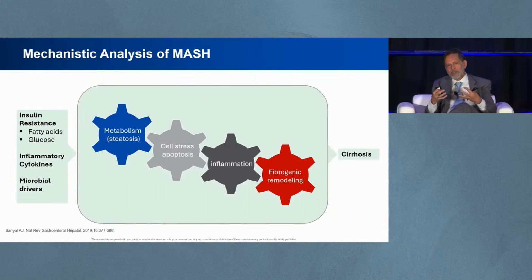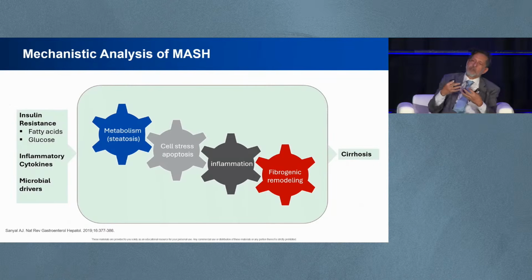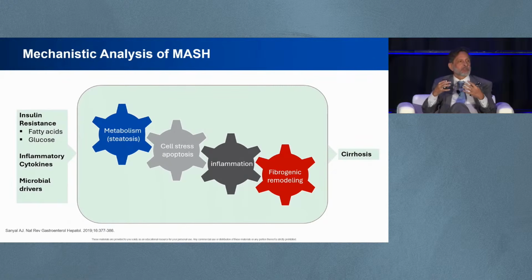Along the cell stress, cell injury, cell death cascade, there are products that trigger the innate immune system, and you develop a sterile inflammatory response. Over time, if this inflammation continues, the liver tries to restrict this by putting scar tissue down, and you get fibrogenic remodeling of the liver, eventually leading to cirrhosis.